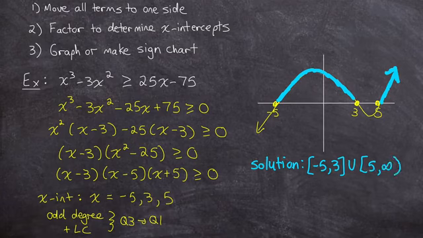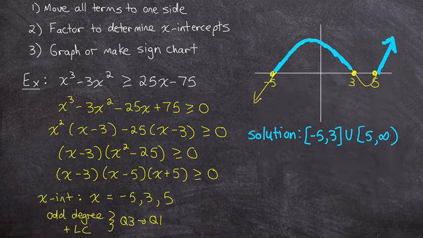And because I want to know when is it greater than or equal to 0, I wanted to include the x-intercepts in the answer, which is why I put square brackets at all the x-intercepts. And then always a round bracket at infinity. So if you were to pick an x value in between either of these intervals, it would satisfy the original inequality. And let me show you another way we could have gotten this same solution.